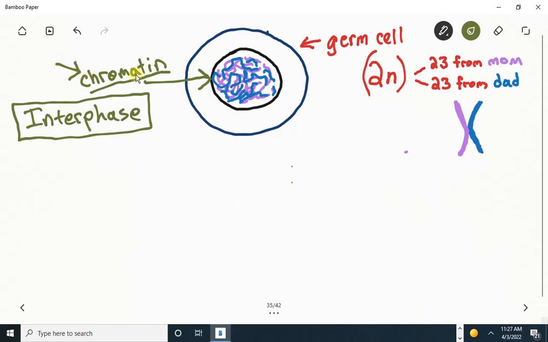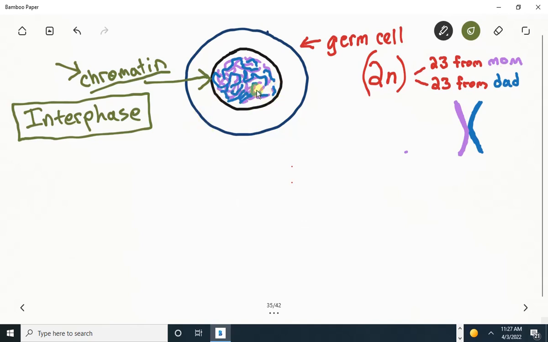They're not in chromosome form, they're in chromatid form. They're chromatin, which is this unwound, gloppy mess of strings all balled up together, real, real messy, unwound.